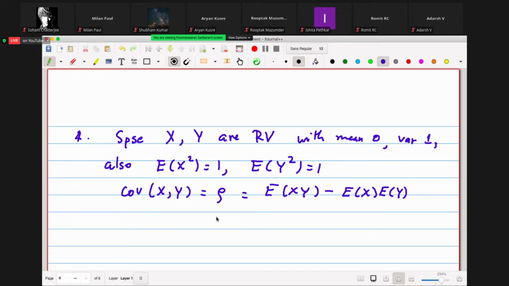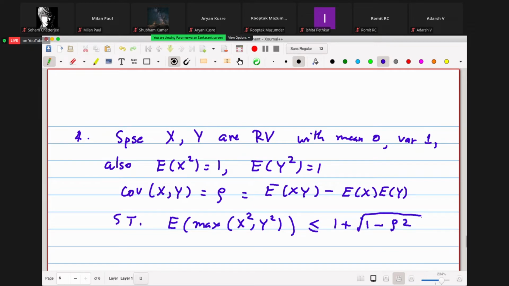Then show that expectation of maximum of x square and y square has an estimate. You cannot exactly compute it, but there is an estimate: 1 plus square root of 1 minus rho square.